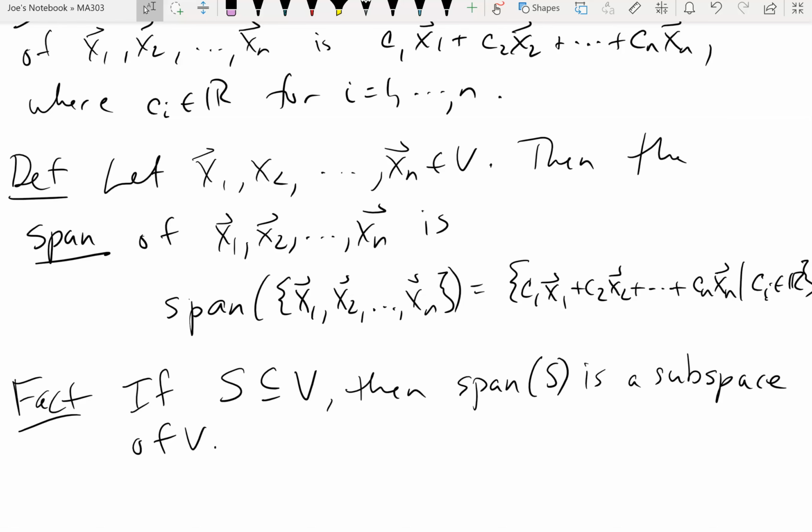The reason for that, instead of writing out all the details, just to show you what would work: if you've got c1 x1 plus c2 x2, and I add it to d1 x1 plus d2 x2, what are you going to end up with?